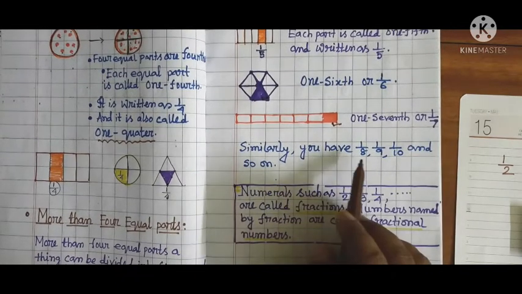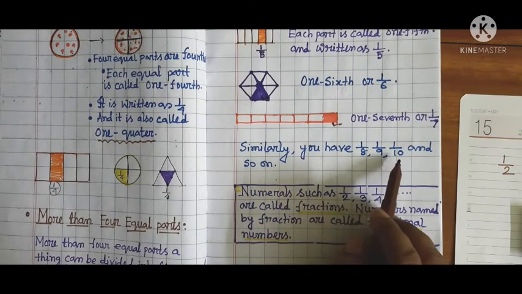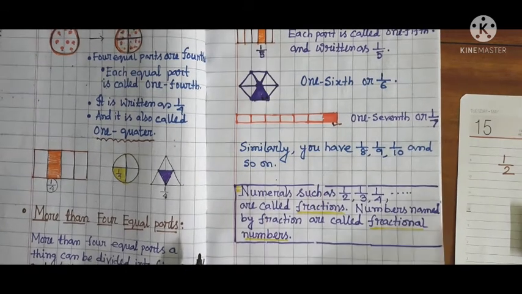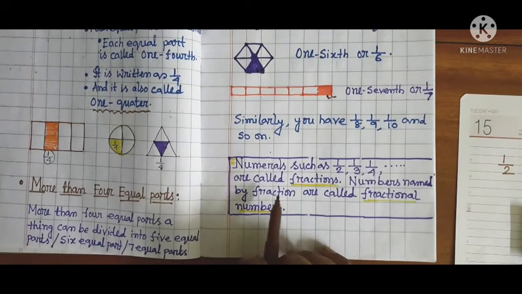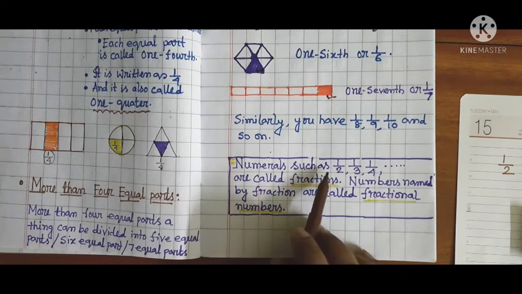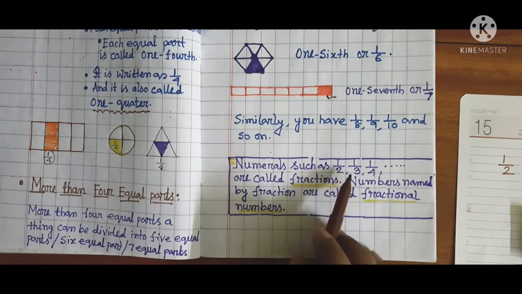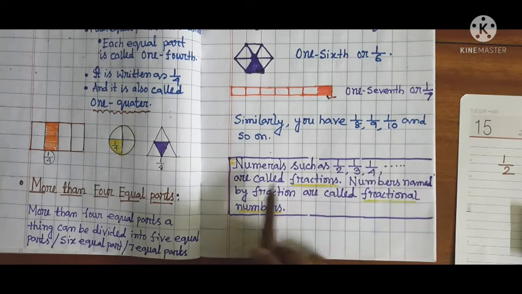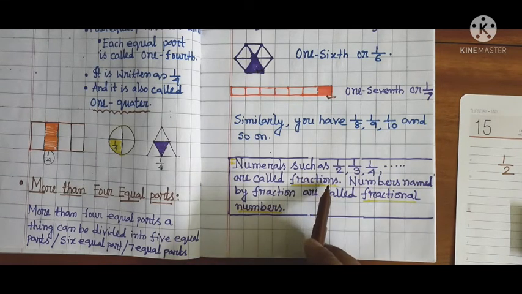Similarly, you have 1/8, 1/9, 1/10, and so on. Now we can get a definition of fraction. Numerals such as half, 1/3, 1/4, and so on are called fractions.